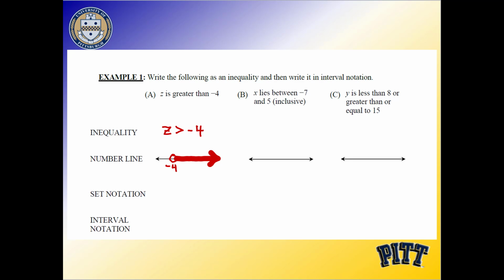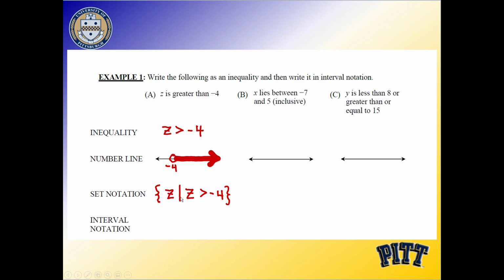Set notation is basically not much different than writing the inequality, except you're going to see some set brackets around it, and either a vertical bar, which is one that I most often see in textbooks, which means such that, or as your textbook uses, a colon here just to say that z is defined by.